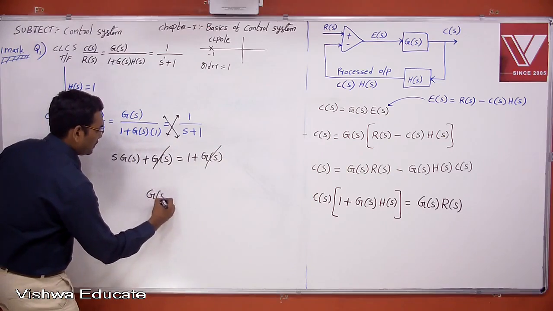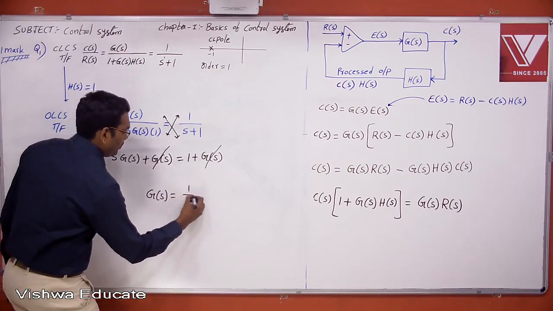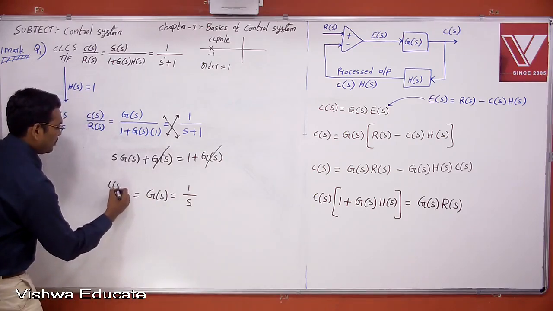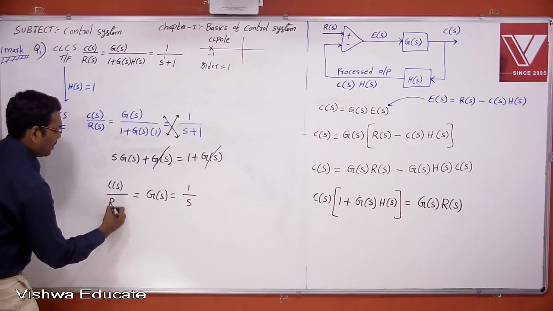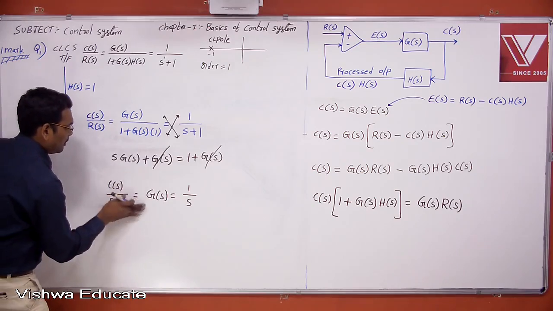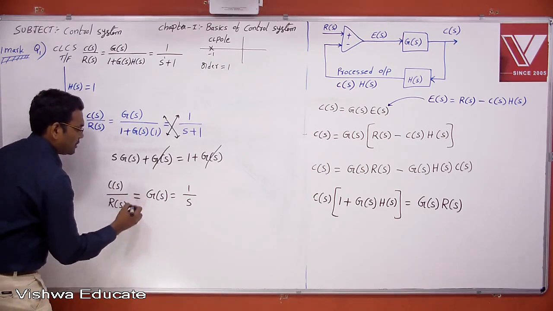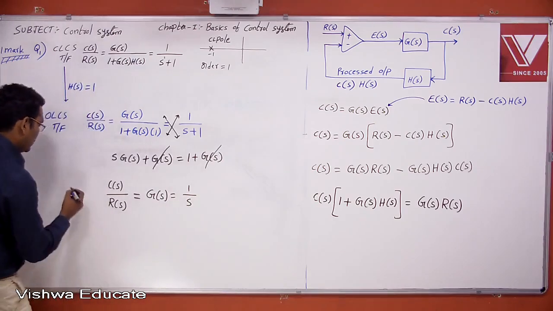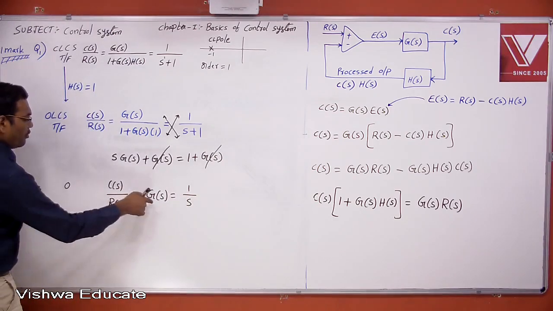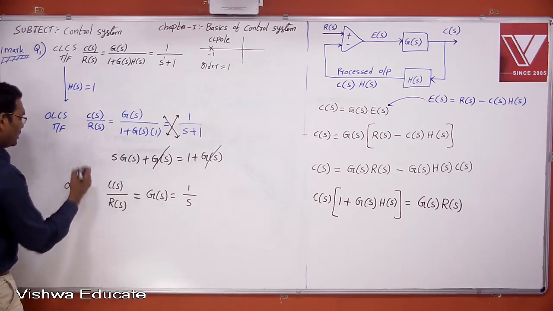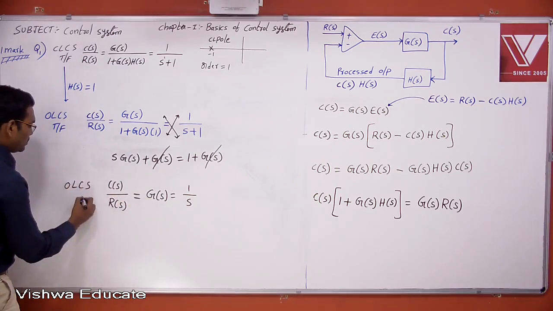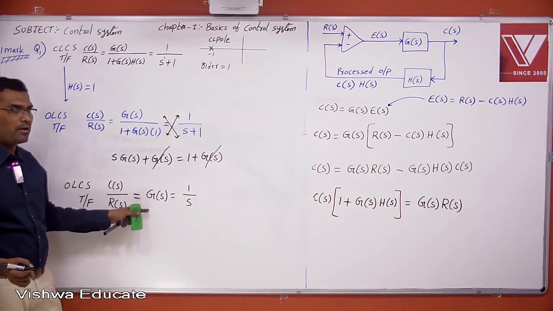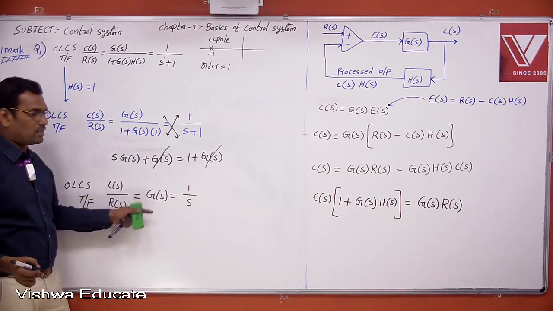G of S is nothing but 1 by S. Now, C of S by R of S is equal to G of S, which is nothing but 1 by S. This G of S is nothing but the forward path gain, the open loop control system transfer function.